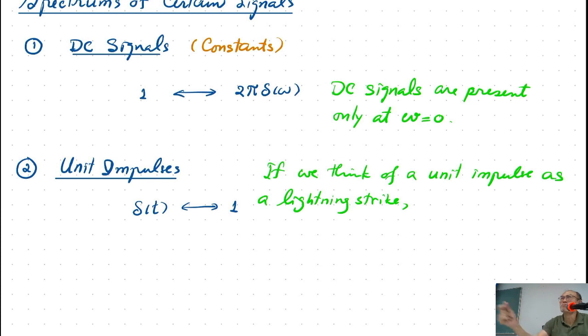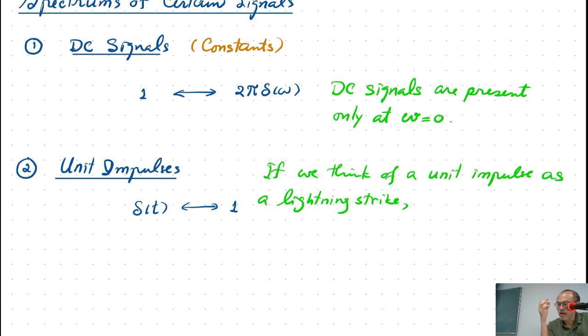So it's like boom, and everything is fried because the energy is so large. But the duration of a lightning strike is so small. So you can imagine a lightning strike as a unit impulse.